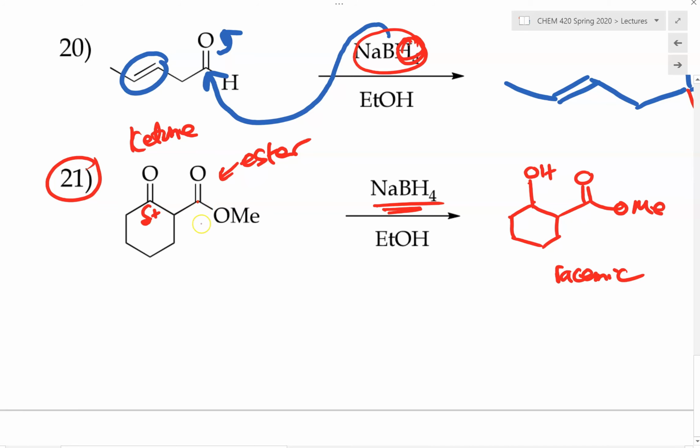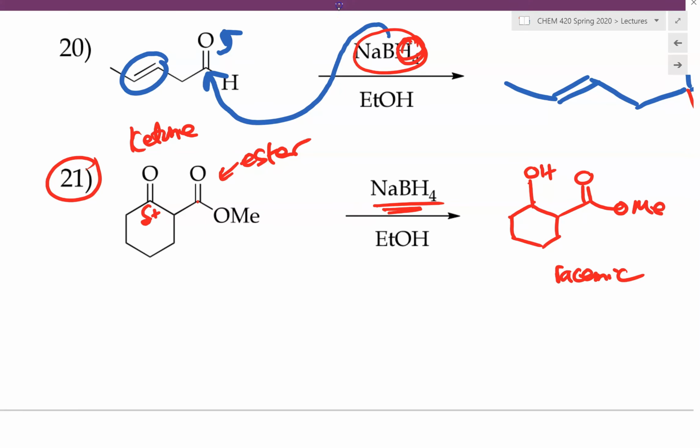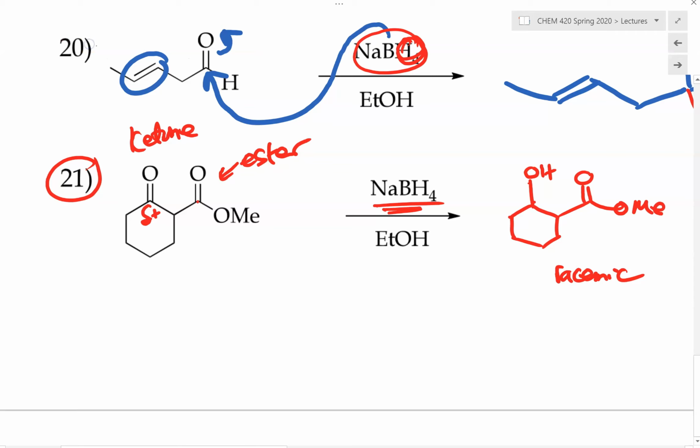And between these two carbonyl carbons, which one would have a more partial positive charge? The answer would be this one. The partial positive charge on this one is by far much greater compared to the carbonyl from the ester. And the reason why that happened is as follows.